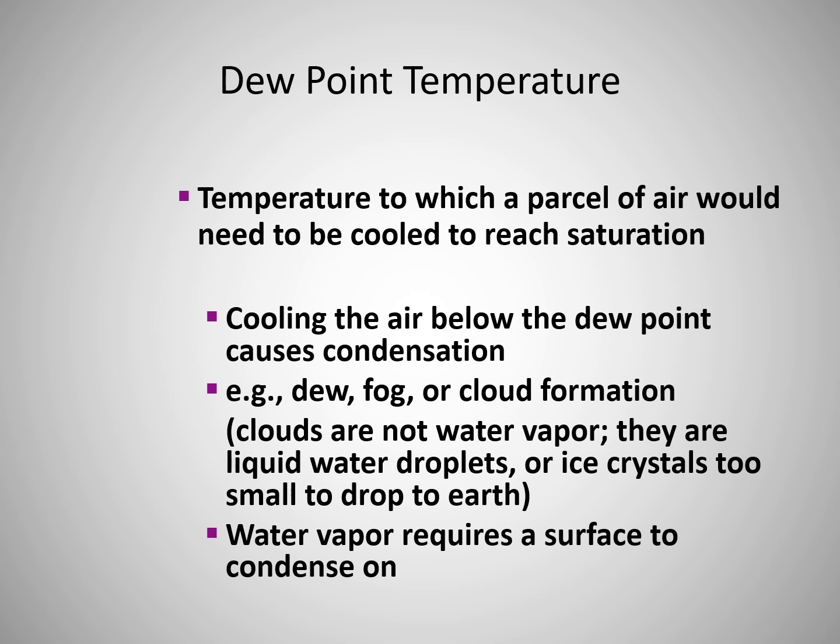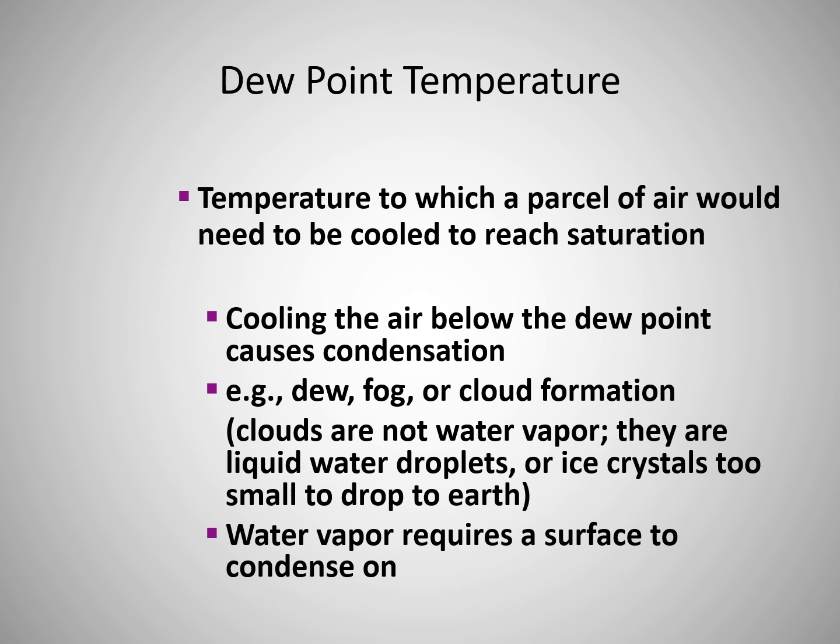This can be dew on the blades of grass in the morning, or fog, which if you're driving through, you want your headlights on low beam, not high beam. And of course, cloud formation also comes from condensation. You don't have to write down what's in the bullets, but it's a reminder: when you see clouds in the sky, that's not just water vapor.